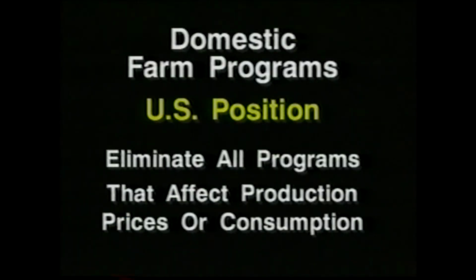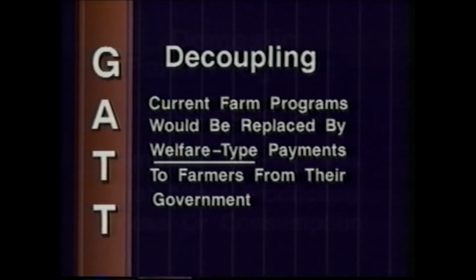This final GATT proposal also calls for the reduction or elimination of almost all domestic farm programs. This threatens both traditional price stabilization programs and many of the new programs designed to provide incentives for sustainable agriculture. In place of all these current programs, this GATT proposal would allow governments of rich countries to give their farmers welfare-type payments they call decoupling.